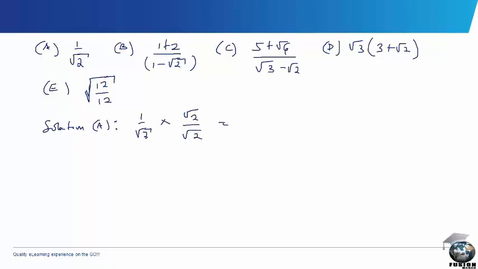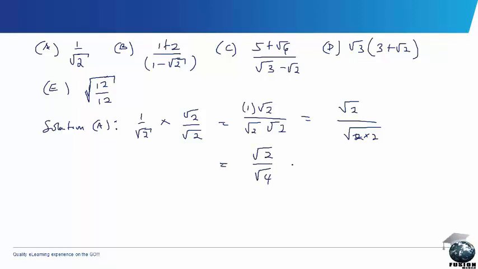For this part you have root 2 times root 2 all over root 2, because we are multiplying by 1. Root 2 times root 2 gives you root 2 times 2, which is root 4, because 2 times 2 is 4, and this is equal to root 2 over 2.